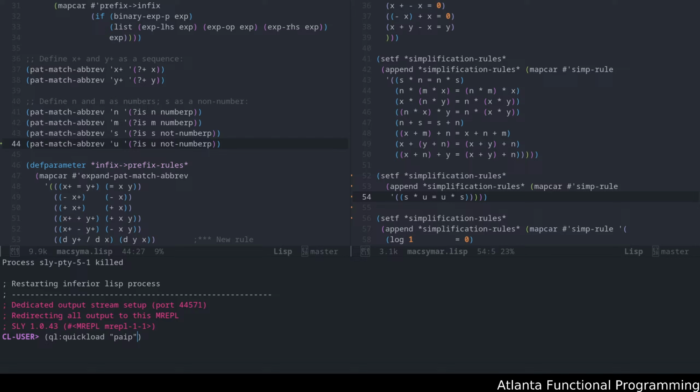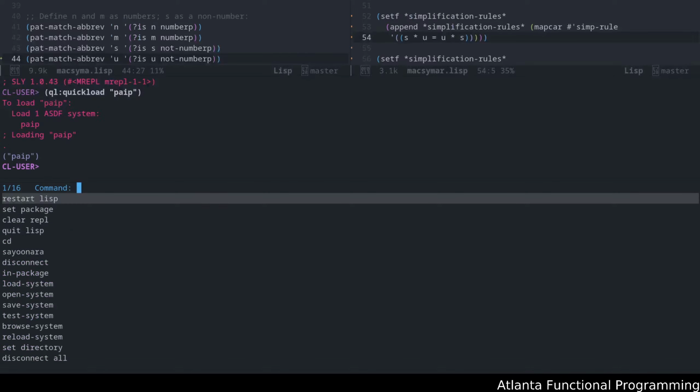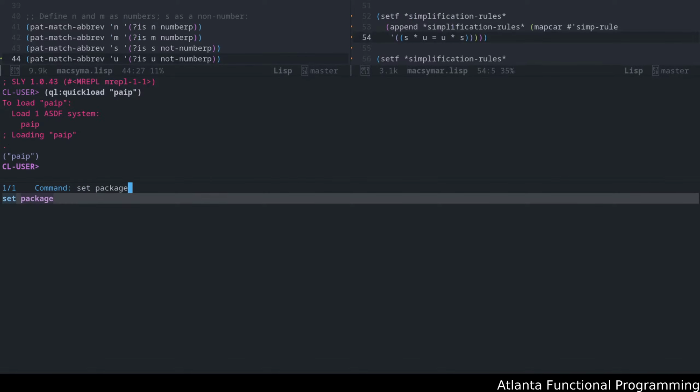And if that changes, then we may have to go and actually modify the rule that I did earlier and add this symbol into there. So let's go ahead and do this. Set package PAIP. Good.